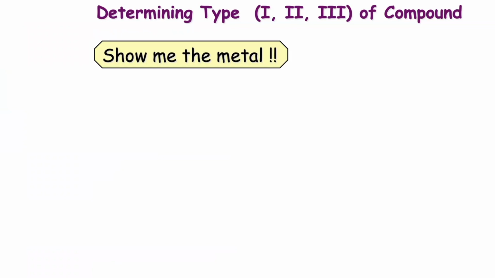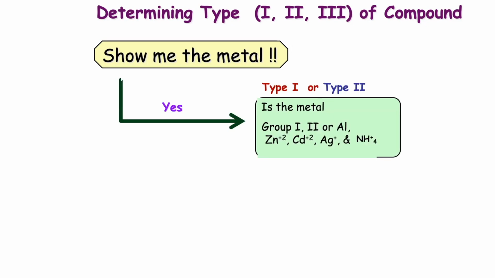And you could just follow this flow chart because there are certain rules that you need, but it starts with the metal. Show me the metal. If the metal is group 1, group 2, aluminum, zinc, cadmium, silver, or ammonium. Ammonium, I know, is not a metal, but it's a polyatomic ion that has a fixed charge.